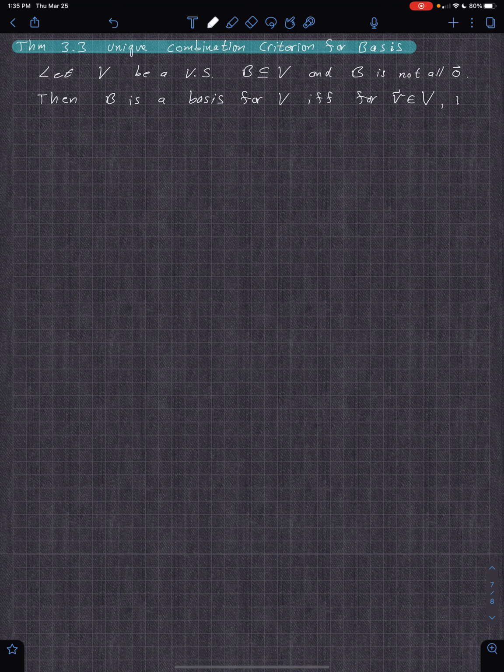So for v in V, the vector v can be uniquely expressed as v equal to the linear combination r1 b1 plus r2 b2, etc., to r sub k b sub k. And then those are scalars.